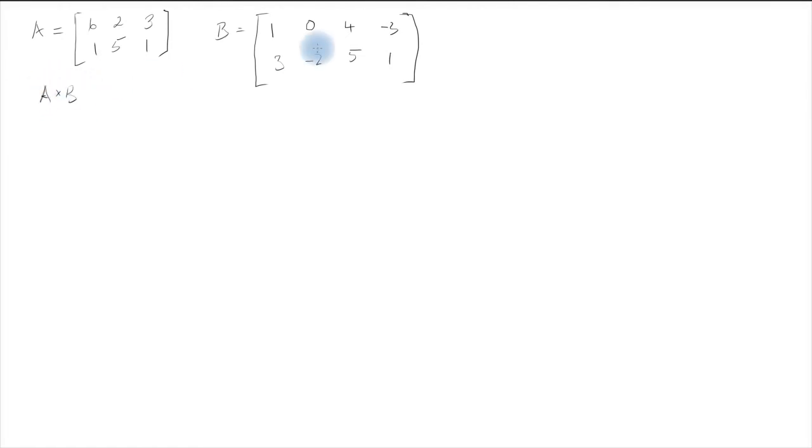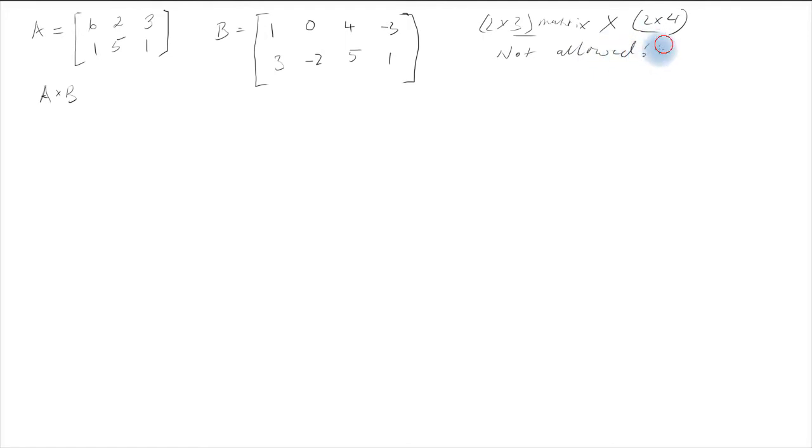Now let's just look to see if this is actually possible. Our matrix A has order 2 by 3, and we're wanting to multiply that by matrix B, which is a 2 by 4 matrix, and the inner product is actually not the same, so this is not allowed.